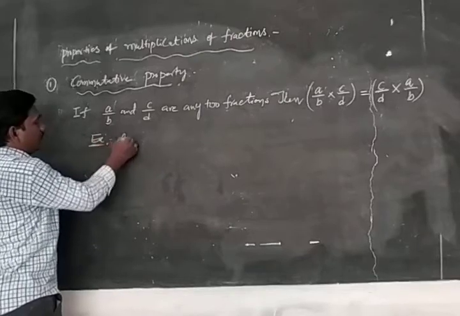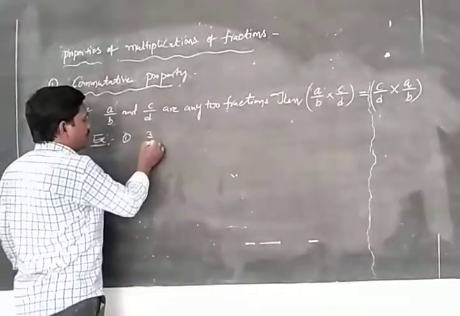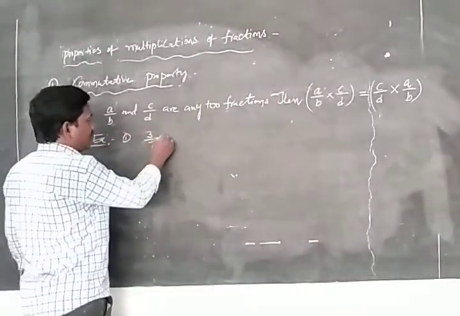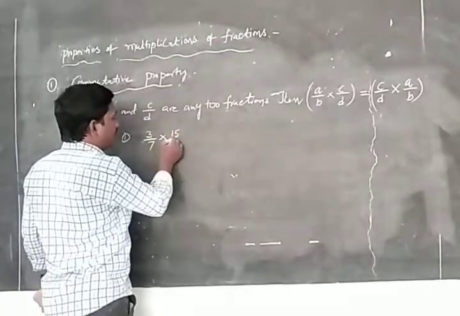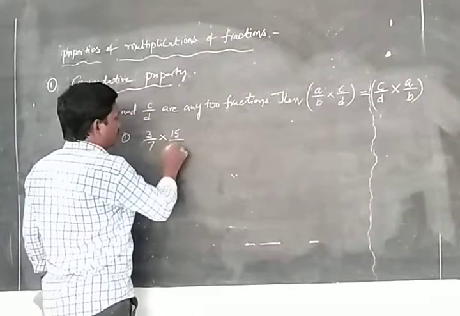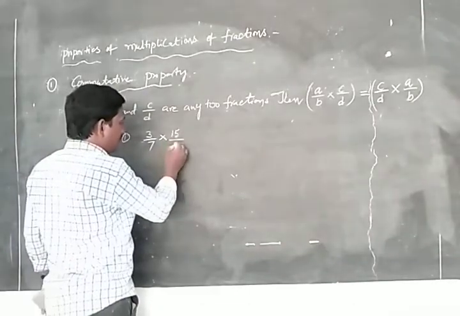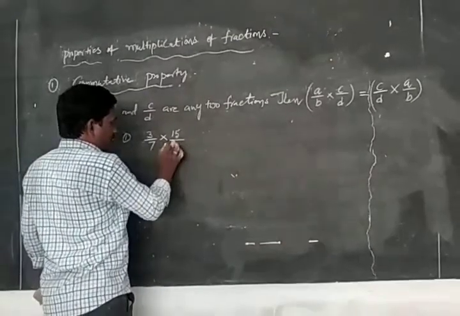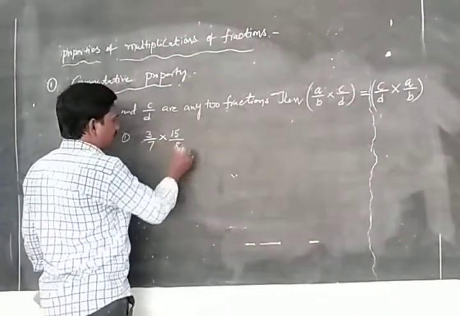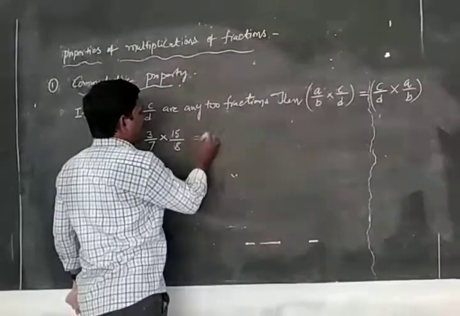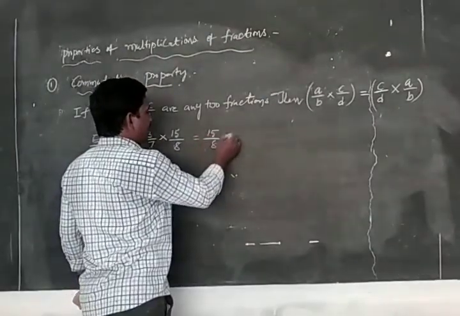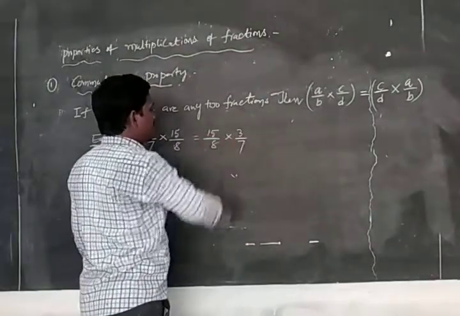Example 1. 3 by 7 into 15 by 8 equal to 15 by 8 into 3 by 7.